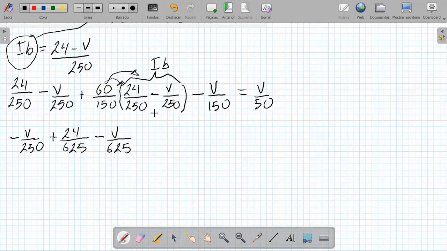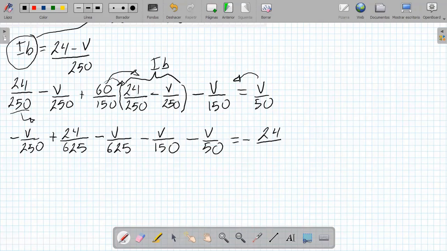You can corroborate it with the calculator yourselves. Minus V over 150. And I'm going to pass this thing that is here to the other side, therefore it passes with a negative sign. It would be V over 50 equal to this. Then it remains minus 24 over 250. Well, here I have another constant, that I am also going to pass to the other side in the same way.